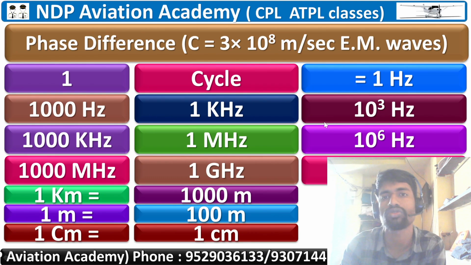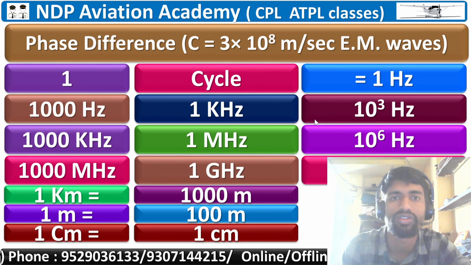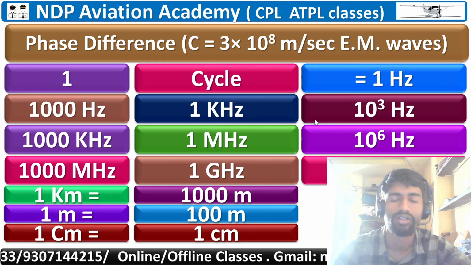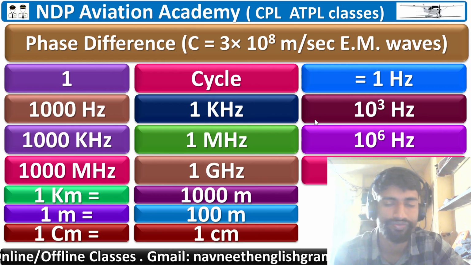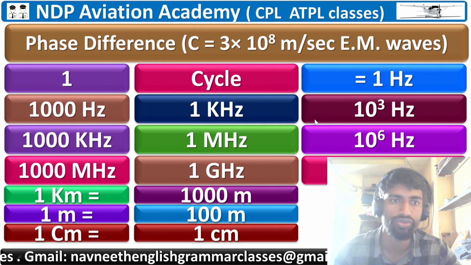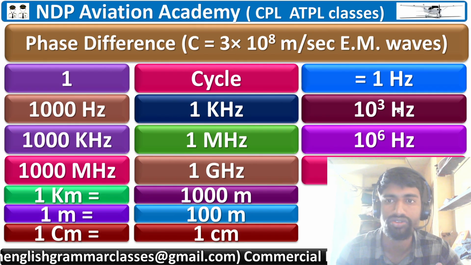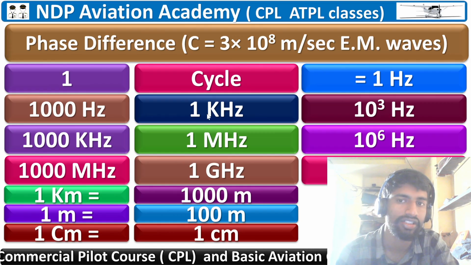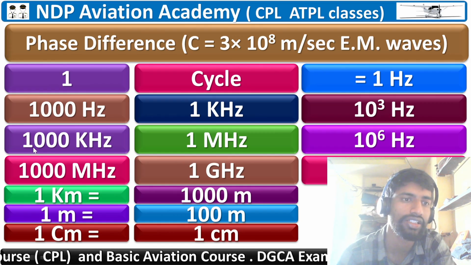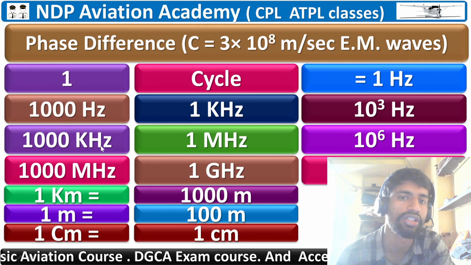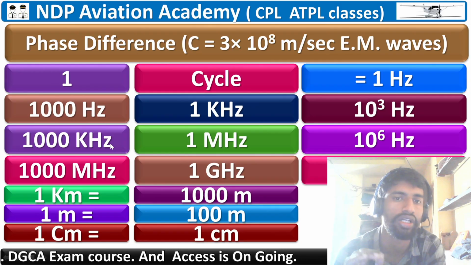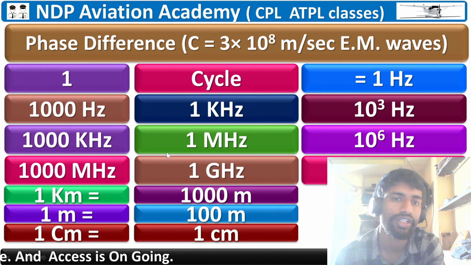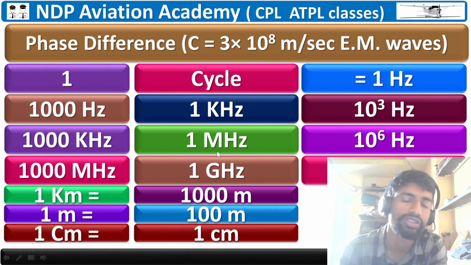And if you want to write it in the equation, we write 10 to the power 3 hertz. Then 1000 kilohertz we call one megahertz.